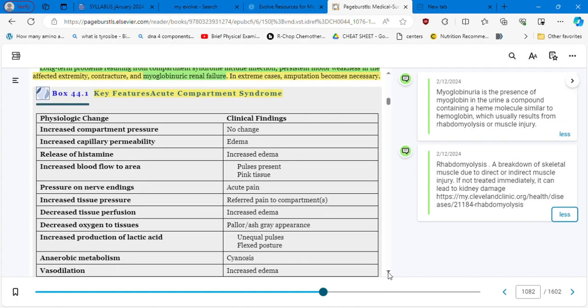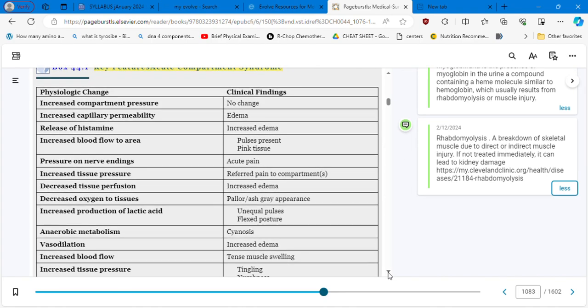So key features of acute compartment syndrome, you have the physiologic change versus the clinical finding. Okay, so increased compartment pressure, clinical finding is going to be no change. Increased capillary permeability is going to cause edema. The release of histamine also is going to cause edema.